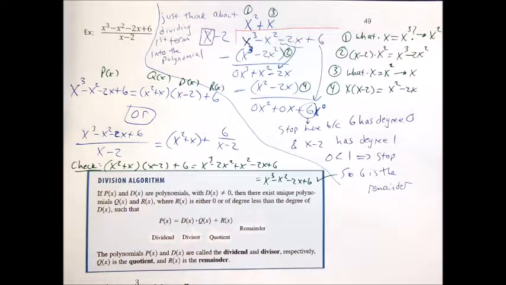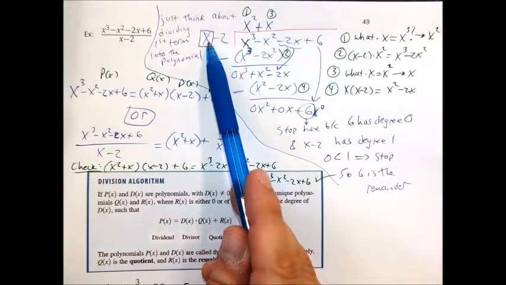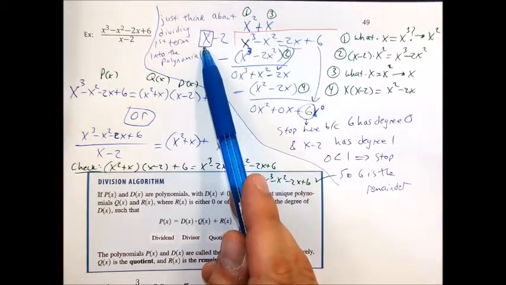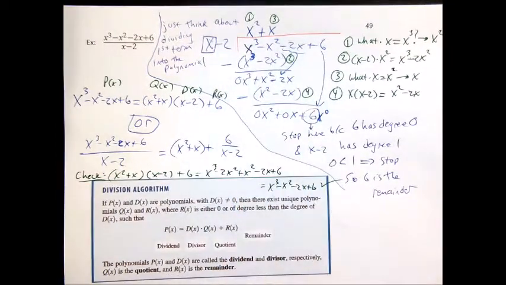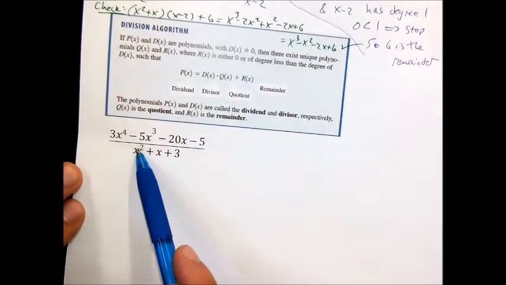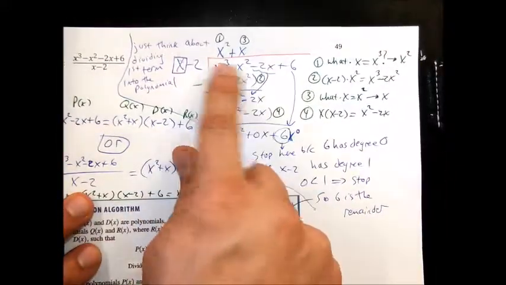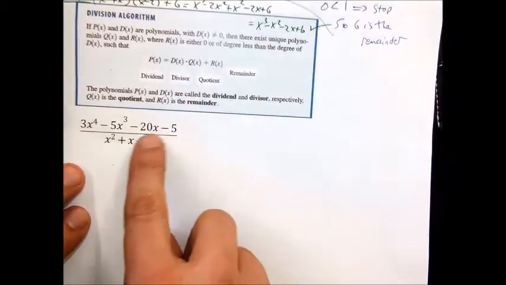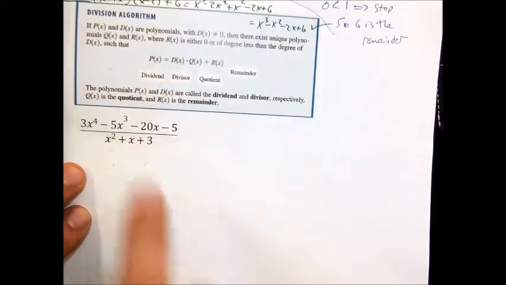The thing with synthetic division is that it only works with problems that have a degree 1 in the divisor. And so on the next problem, the divisor has an x squared in it, and so synthetic division is not going to work on this one. So if you want to use synthetic division, you're welcome to do it on these type of problems, but just know that it's not going to work on these types of problems with not a 1 in there.